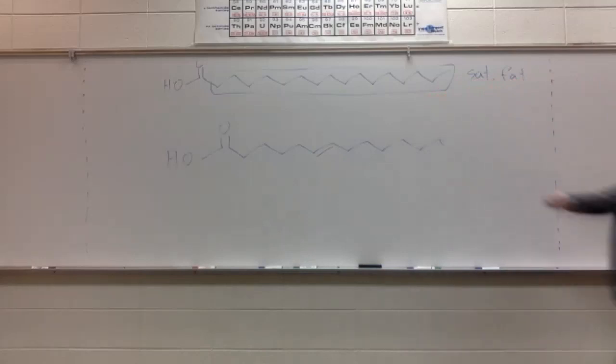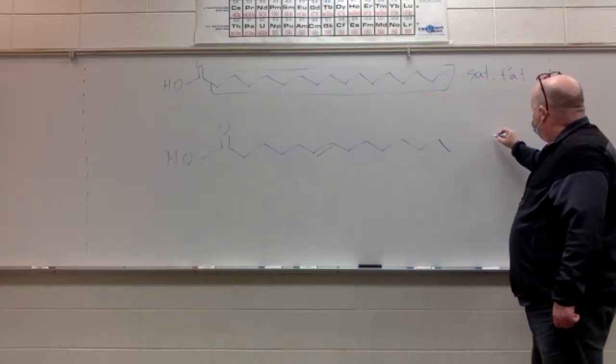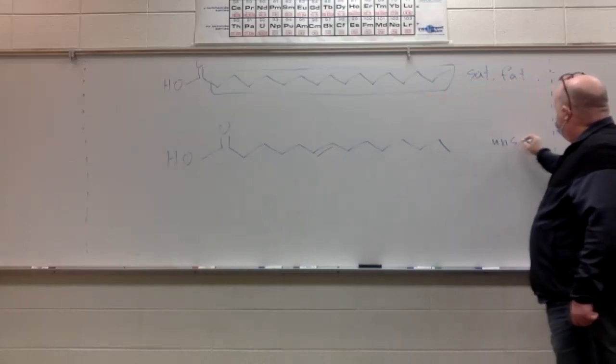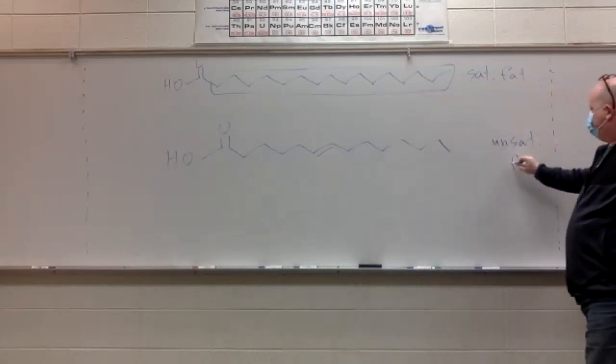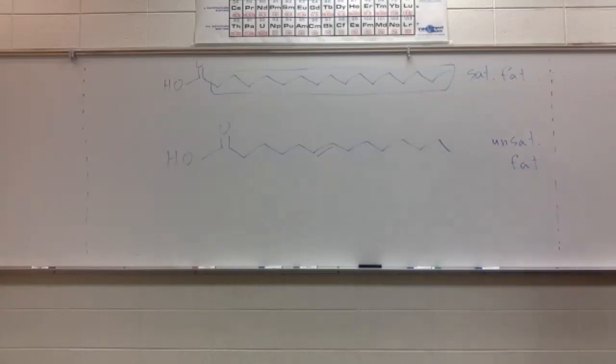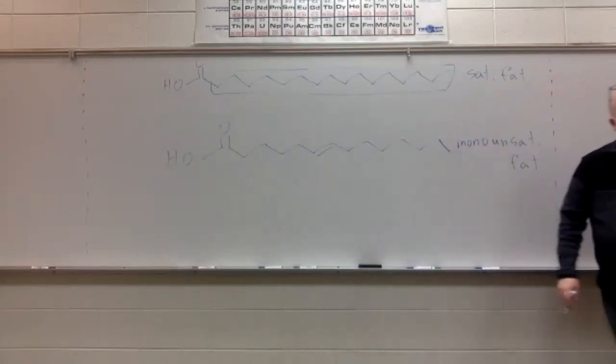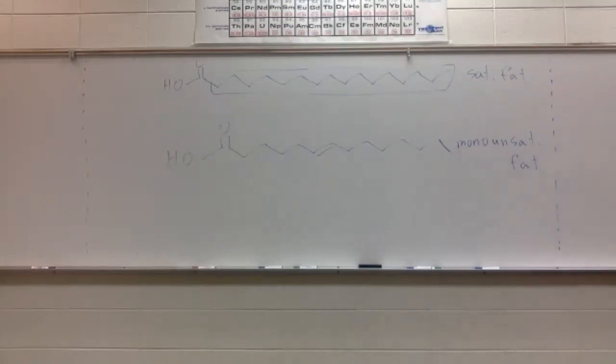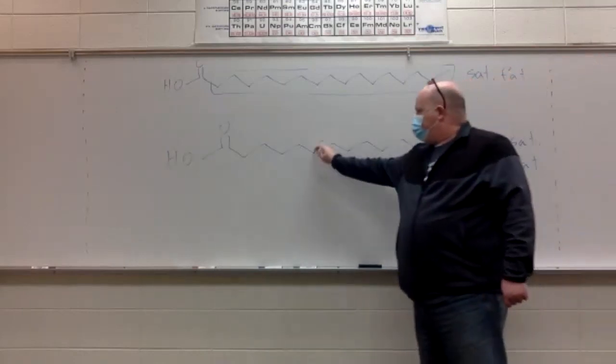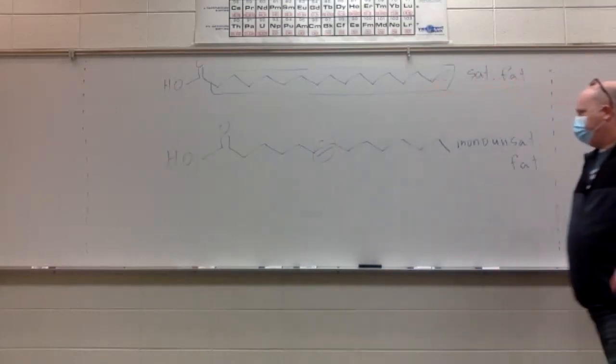So this is an example of an unsaturated fat. And then we can get a little bit more specific, right? Specifically, this would be an example of a monounsaturated fat. Any ideas why we call it mono? It's only one area of unsaturation right over there. So we say it's mono.